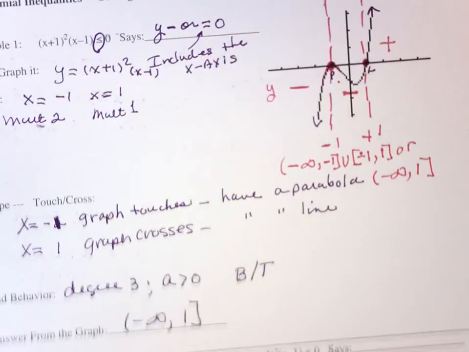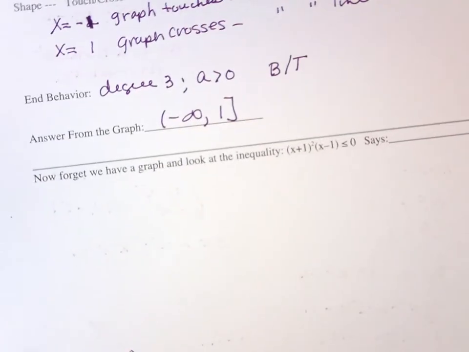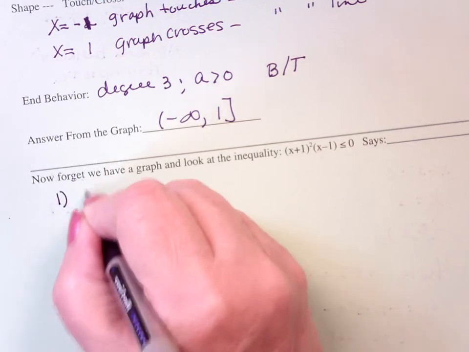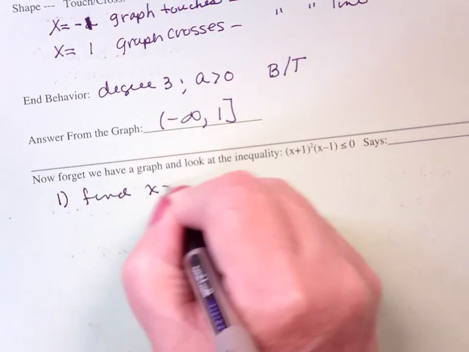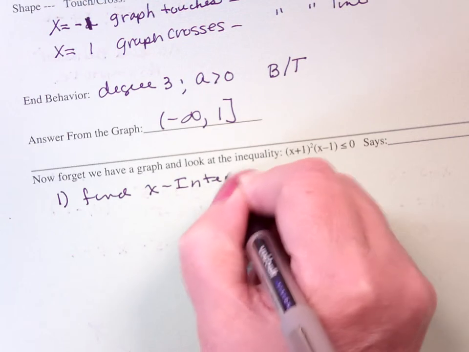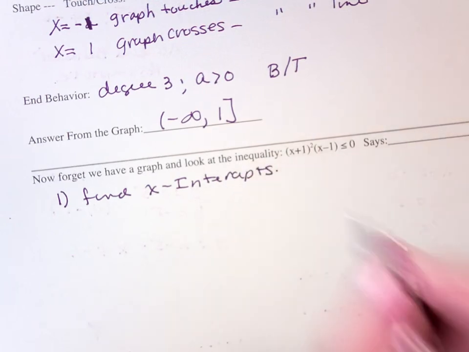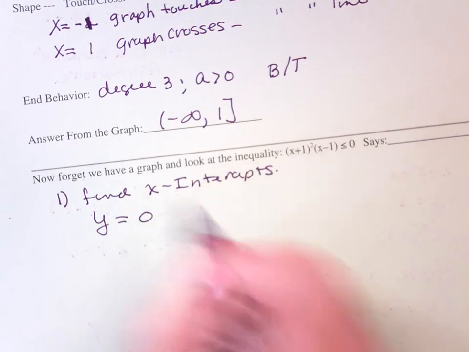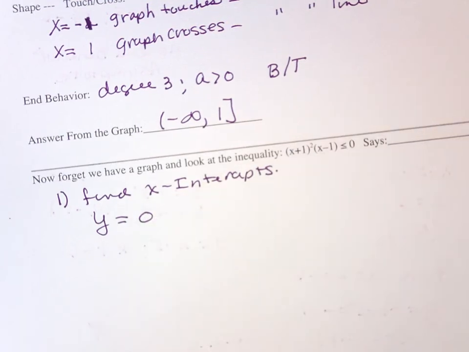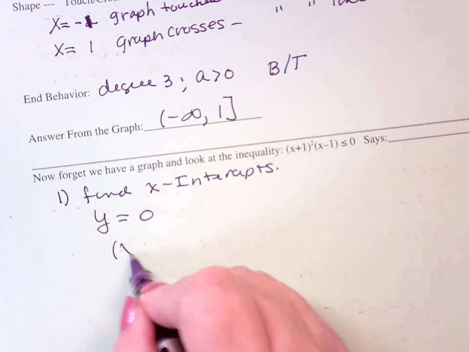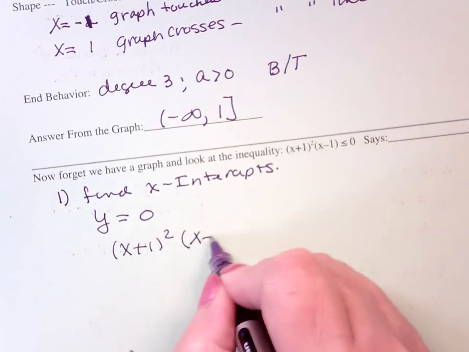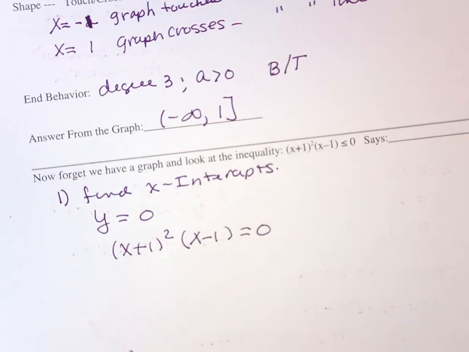So if we forget the fact that we've got a graph, what am I going to do? The first thing I'm going to do is find the x-intercepts. I do that by taking y and setting it equal to 0. So I take x plus 1 squared times x minus 1, set it equal to 0.